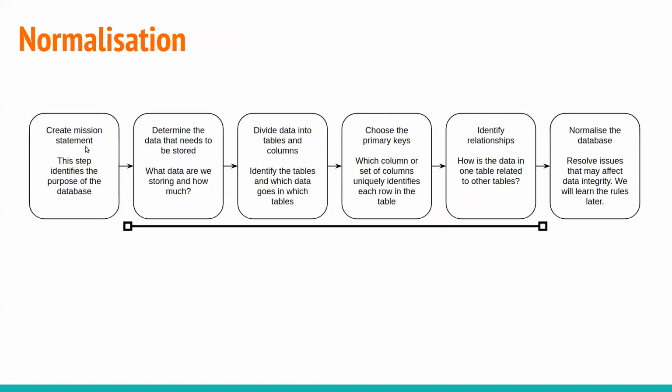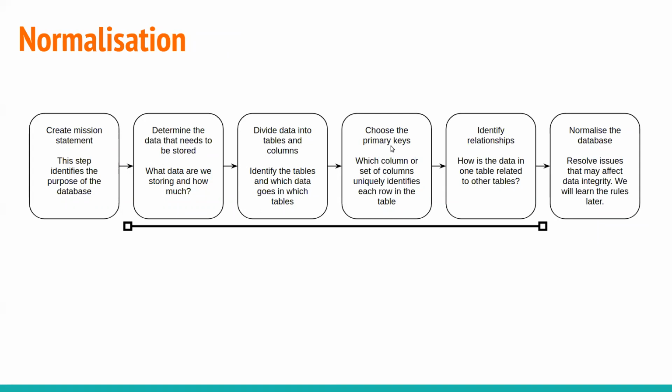So what have we done so far? Creating a mission statement, that's just knowing why you need to define a database. We created an entity relationship diagram, which allowed us to automatically solve these middle 4 steps. From that ERD diagram, we're able to determine the data that needs to be stored. We're able to divide the data into tables and columns, that's entities and attributes.